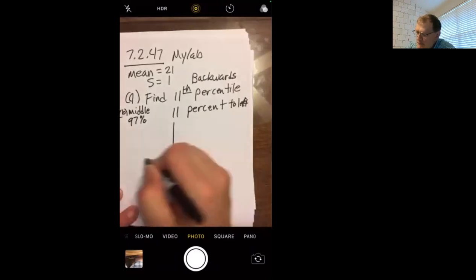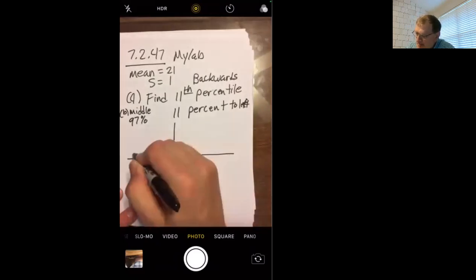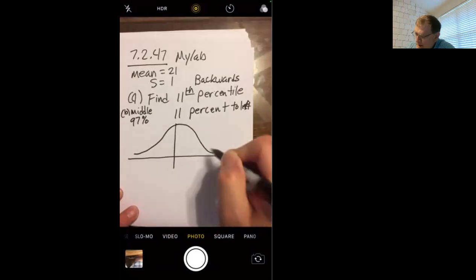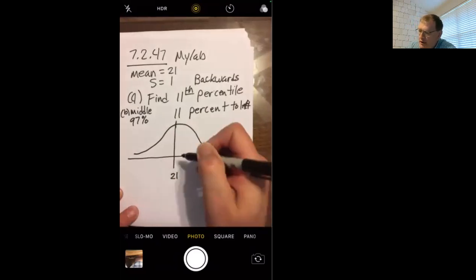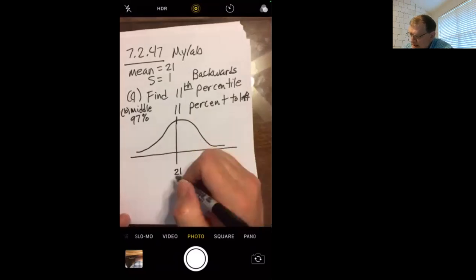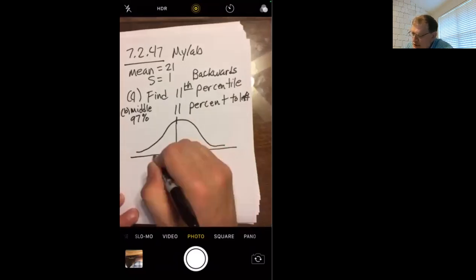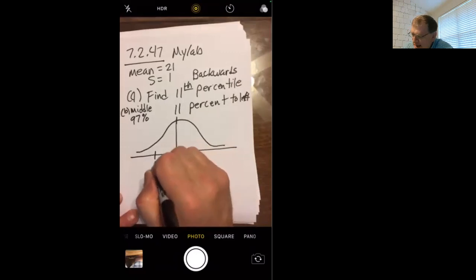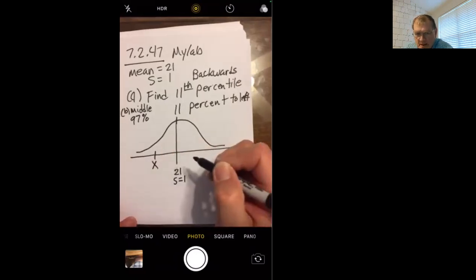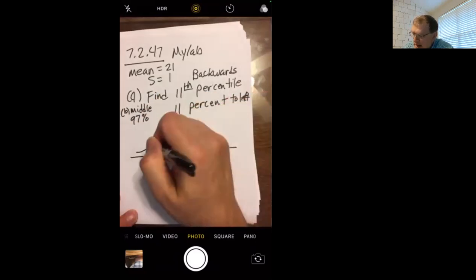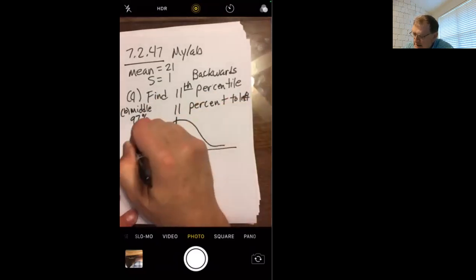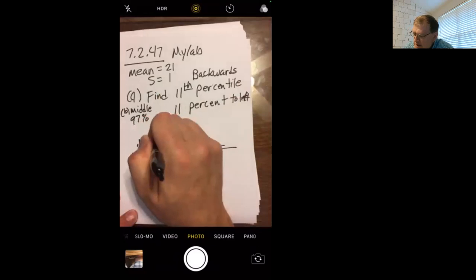So on your curve, you got 21 for a mean, standard deviation equal 1. So you're going to have some point over here in X that will have 11% to its left.